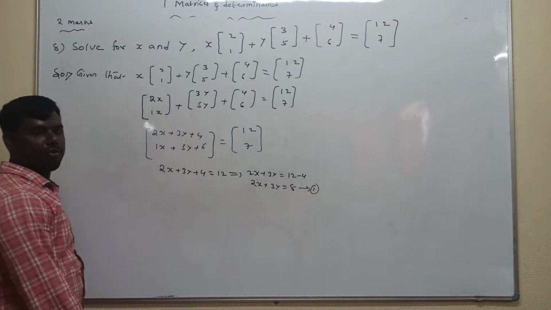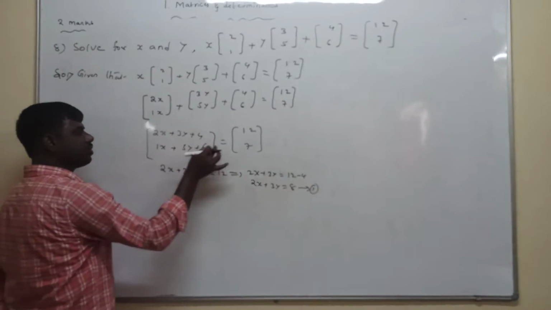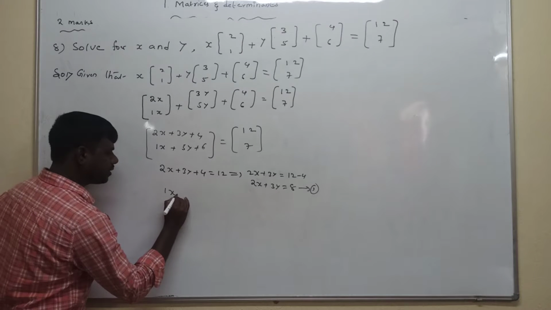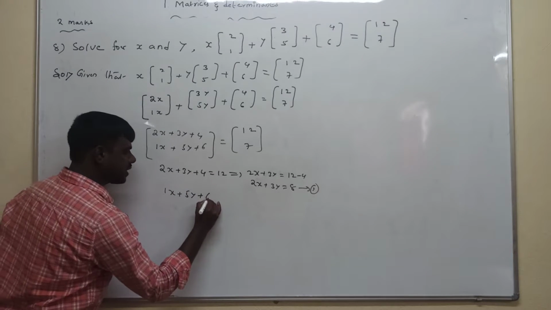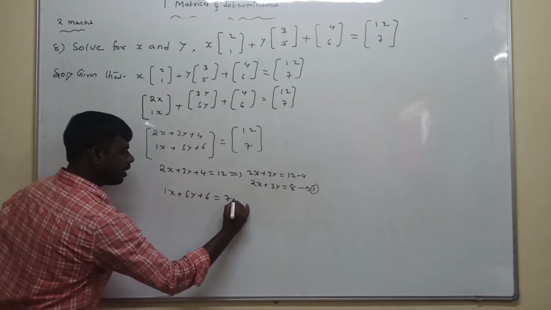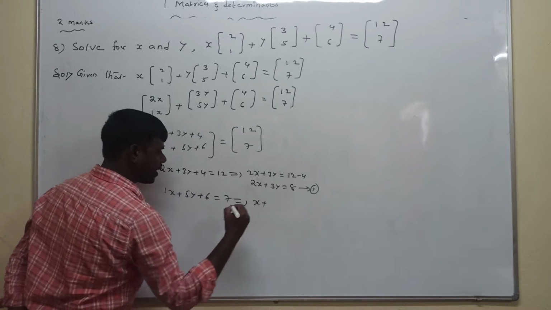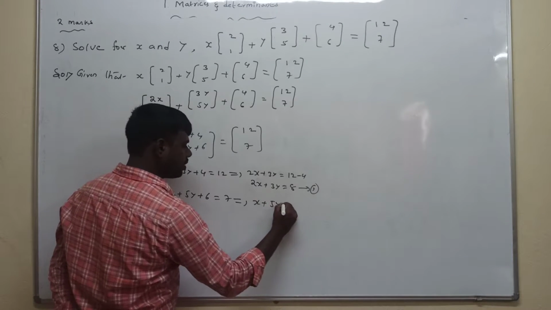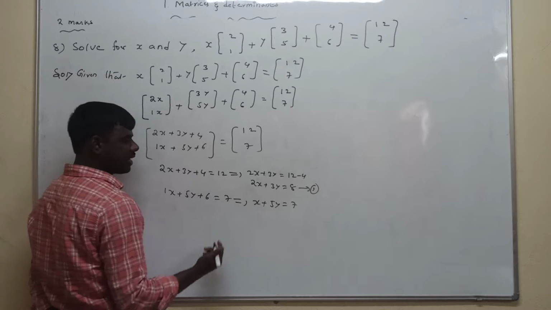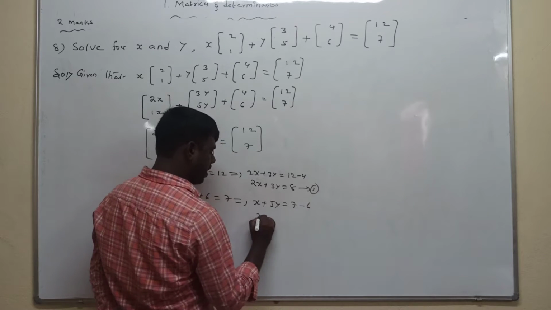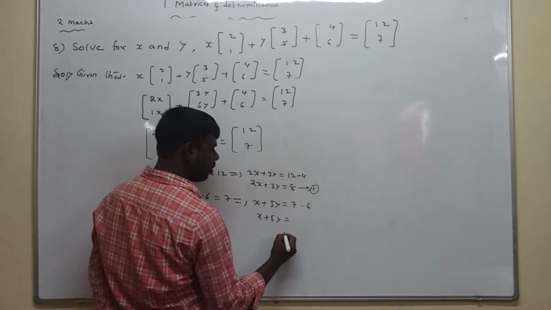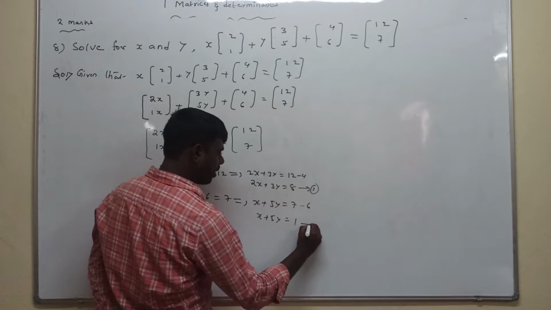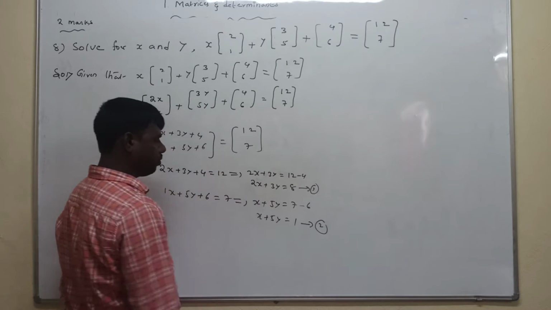Consider this equation number 1. Next, second row: 1x plus 5y plus 6 is equal to 7, implies x plus 5y is equal to 7 minus 6, that is 1. Consider this equation number 2.